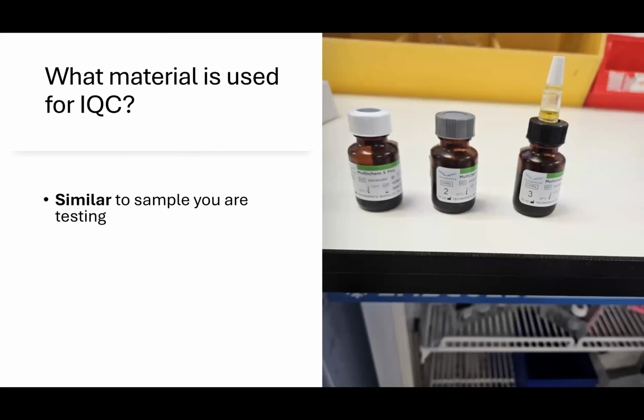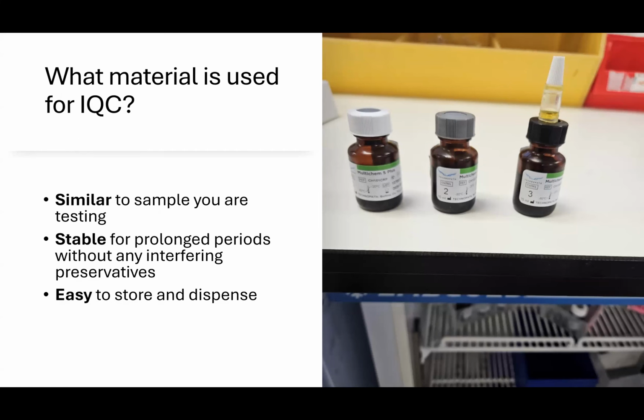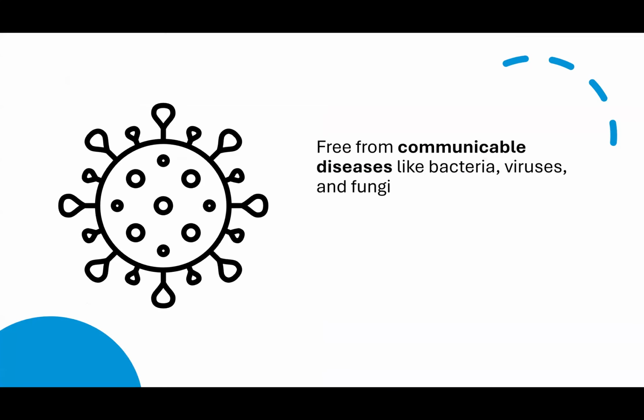And this perhaps is a clear limitation of some QC material, that it's not always exactly the same as human fluids. Of course, whilst you want it to be similar to the sample you're testing, you want it also to be stable for prolonged periods without any other preservatives in it, and you want it easy to store and dispense. You also don't want to expose the laboratory staff to any communicable diseases, bacteria, viruses, fungi.